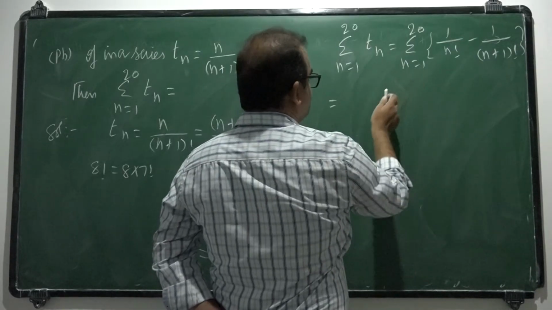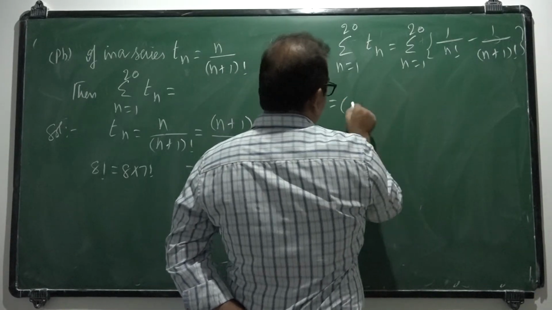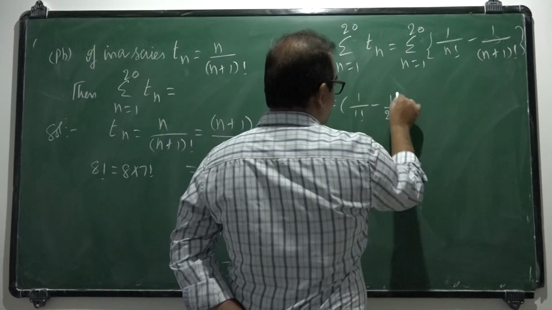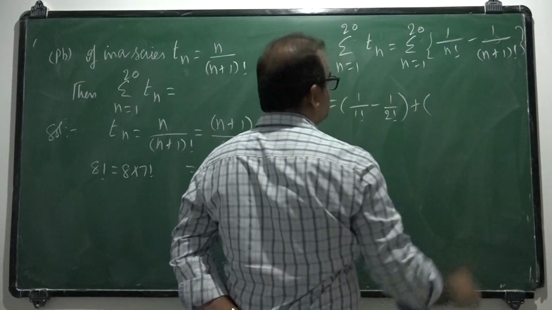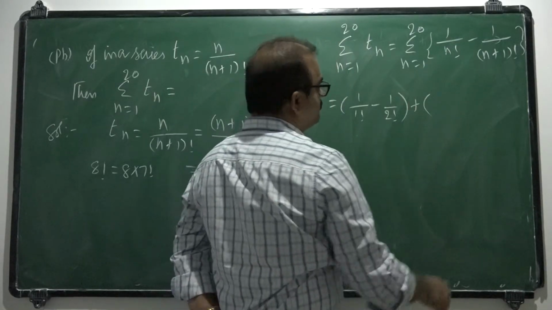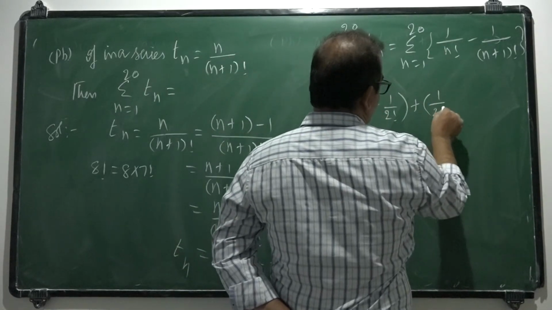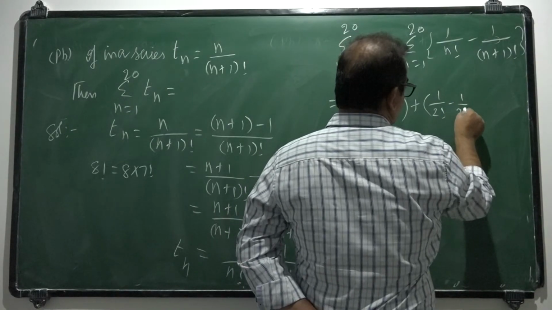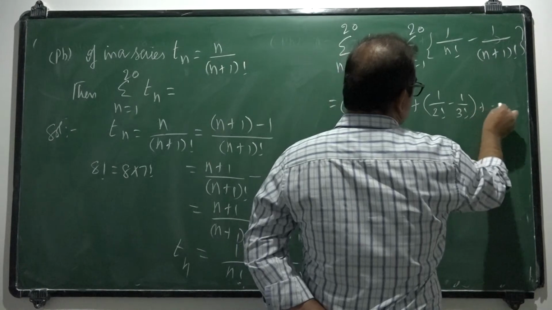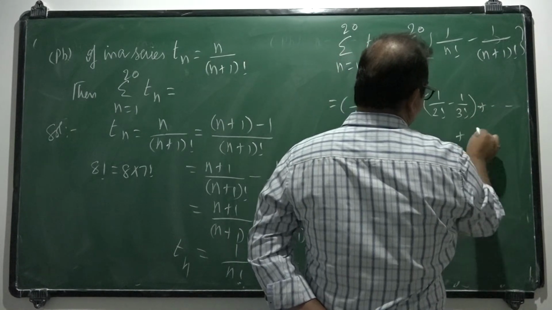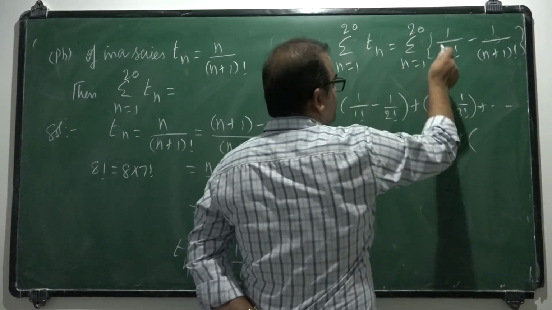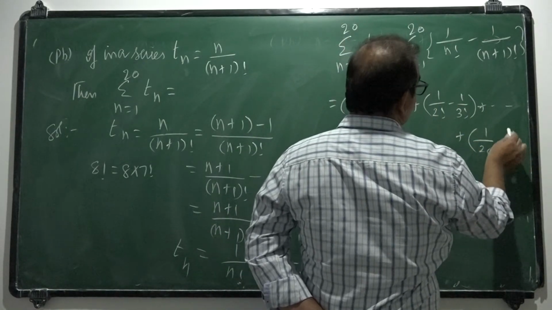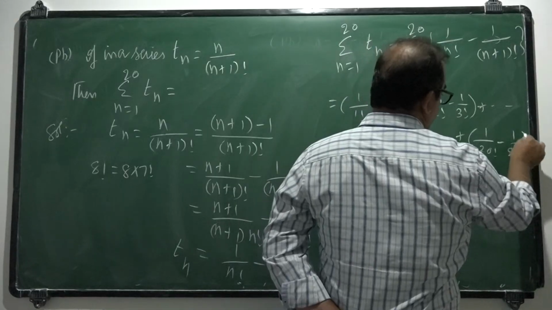If you take n is equal to 1, what we get? 1 by 1 factorial minus 1 by 2 factorial, plus take n is equal to 2, what we get? 1 by 2 factorial minus 1 by 3 factorial, plus so on. What is the last term? Take n is equal to 20. 1 by 20 factorial minus 1 by 21 factorial.